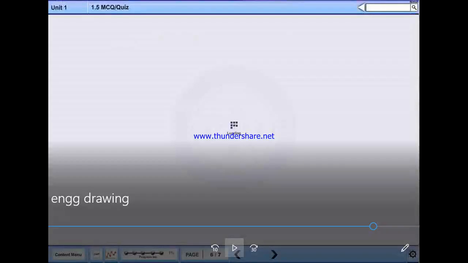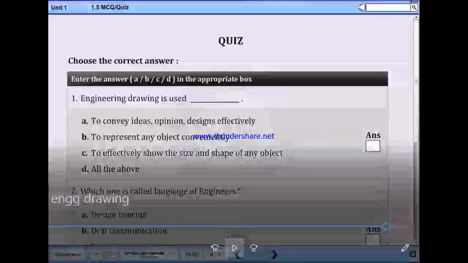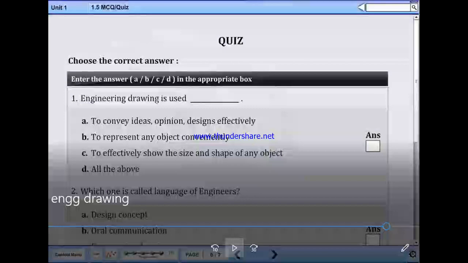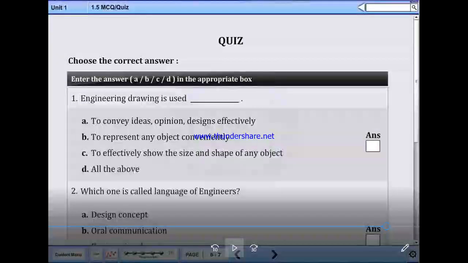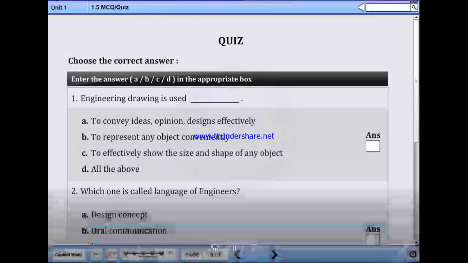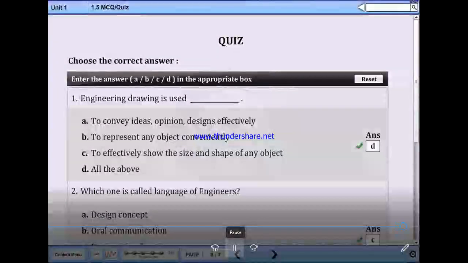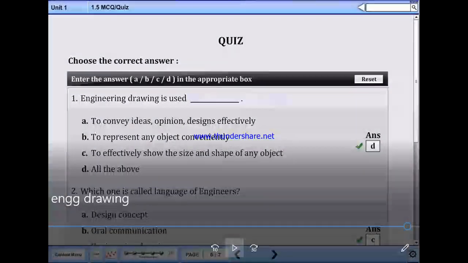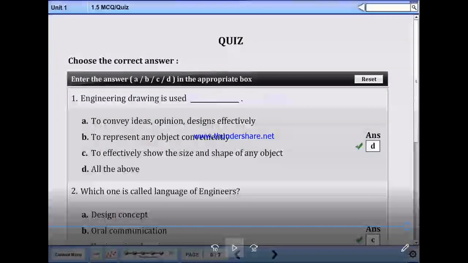Now let us solve the quiz questions. Number 1. Engineering drawing is used to convey the ideas, opinions, designs effectively, to represent any object conveniently, to effectively show the size and shape of any object, all of the above.